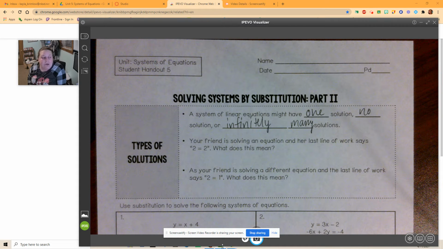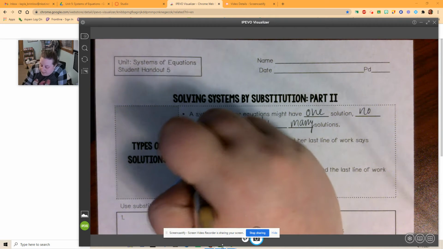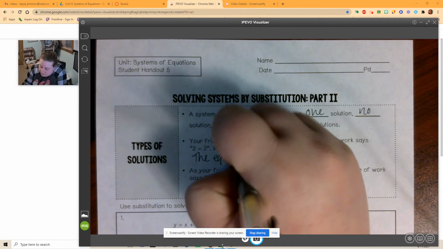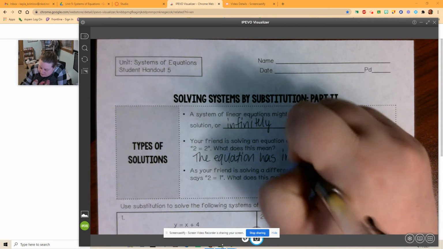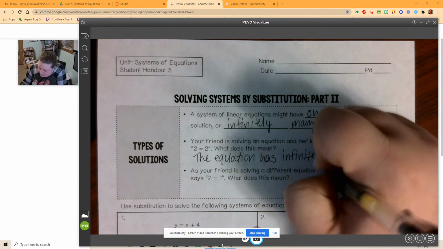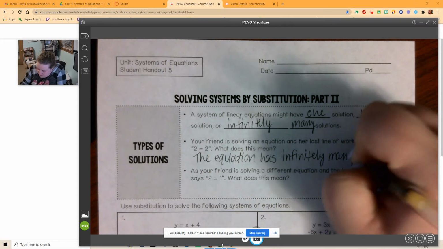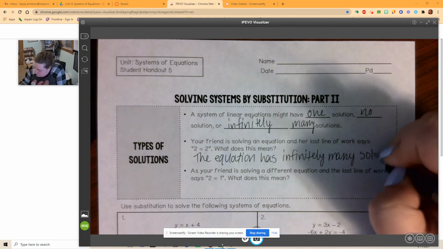The answer is yes. 2 is always going to equal 2. So when I solve an equation and get an answer that looks like that, that means that the equation has infinitely many solutions.